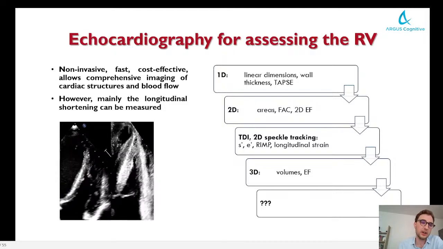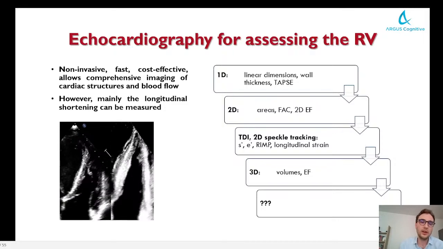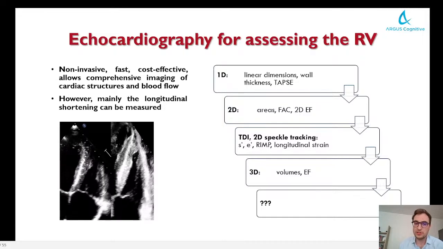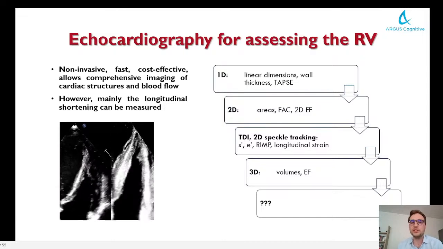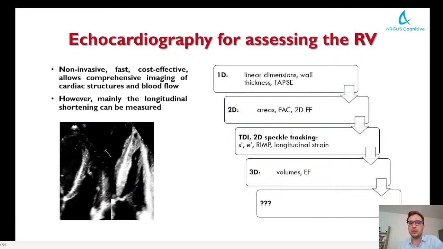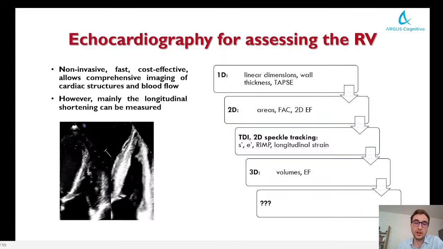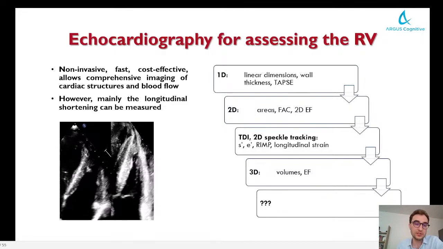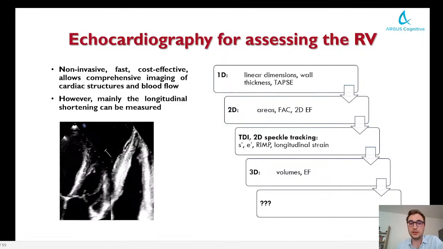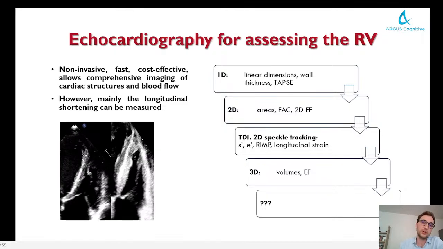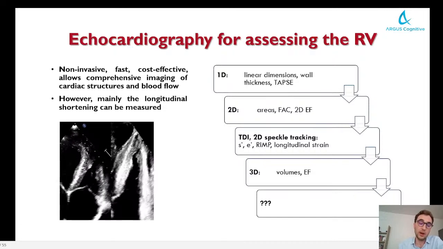Actually he's doing kayaking 20 hours a week, with a very pronounced longitudinal shortening. On the right side we see a patient approximately the same age. However, he just underwent a heart transplantation. This acquisition is just a few days following his operation.